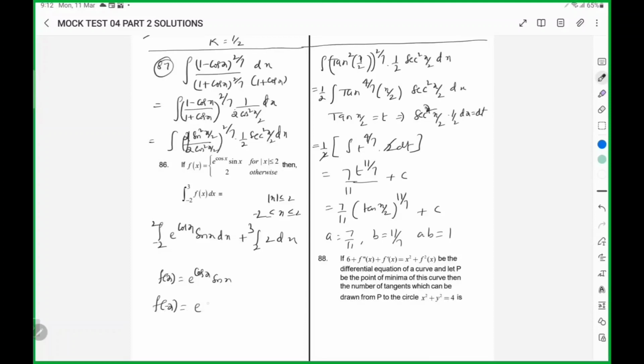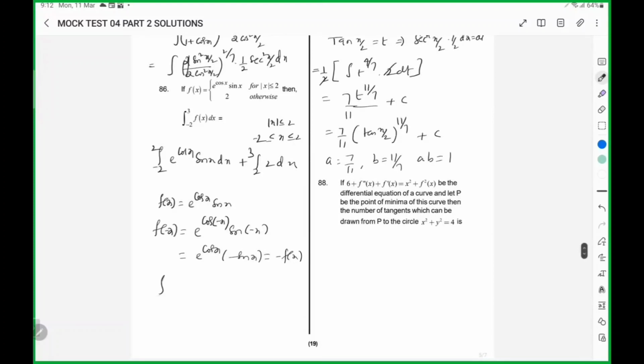F of minus x will be sin of minus x. Sin of minus x is this, which is minus f(x). Is 0.